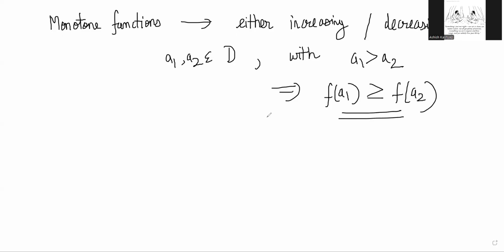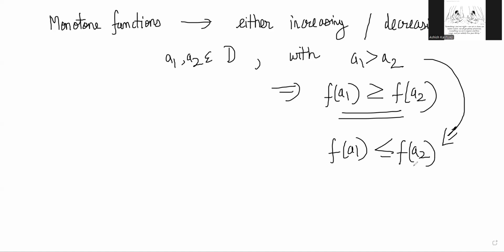That is the definition of increasing. And if this implies that f of A1 is less than or equal to f of A2, right? Then that would be the definition of a decreasing function. This is decreasing and this is increasing.